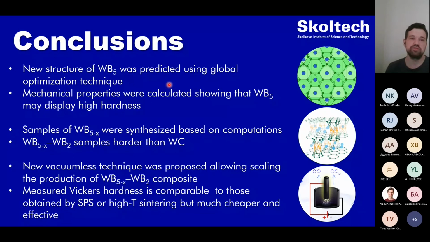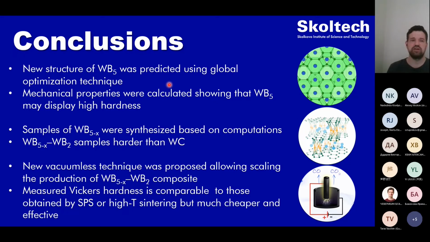So that's almost all I want to say. In conclusion, I would like to recap the main points. First, we performed evolutionary research in order to predict new materials in the tungsten boron system. We predicted tungsten boron 5, which potentially should have unique mechanical properties. Then we performed high pressure sintering experiments in order to synthesize this compound and found that indeed it should have a high hardness and potentially can be used in different types of industrial applications.